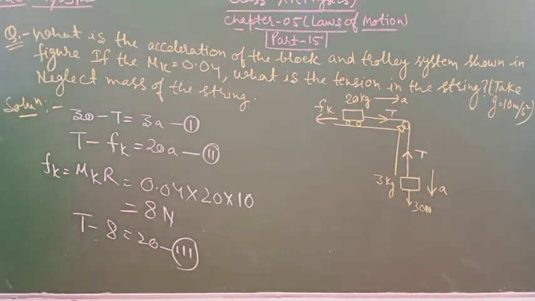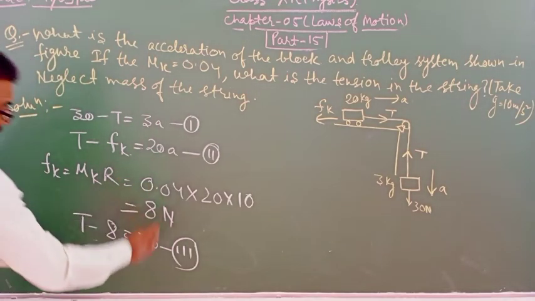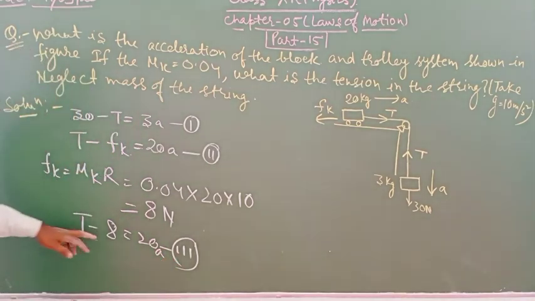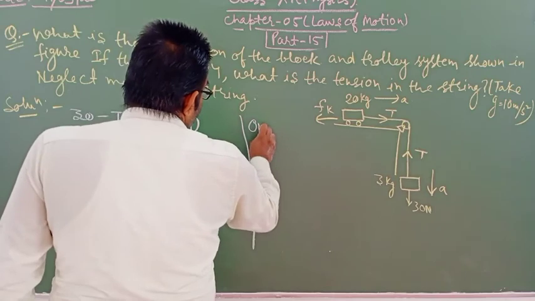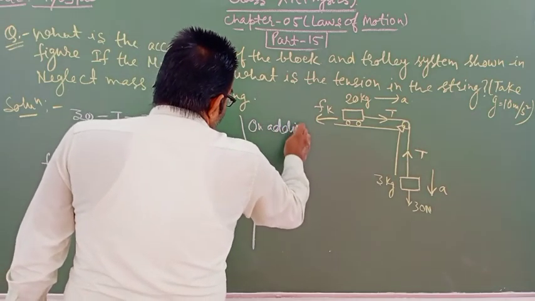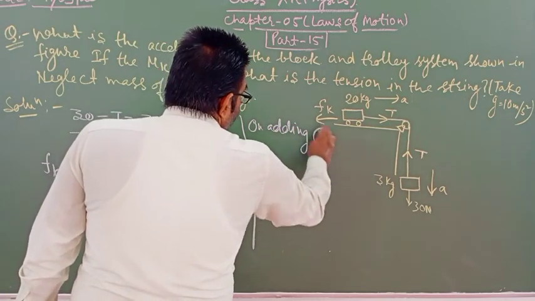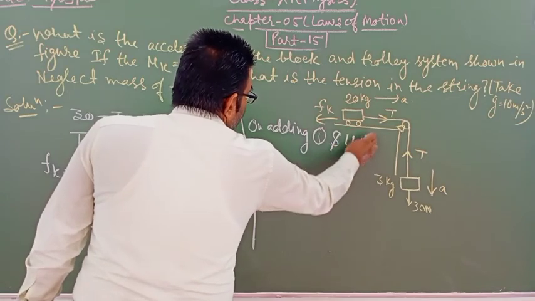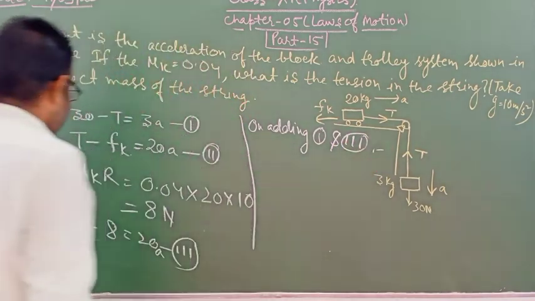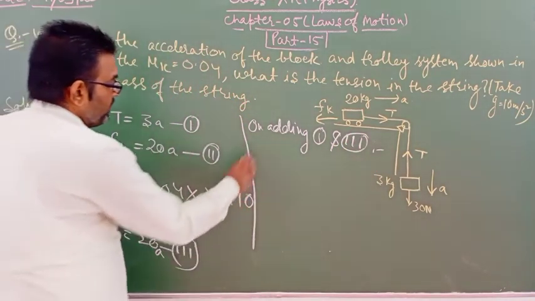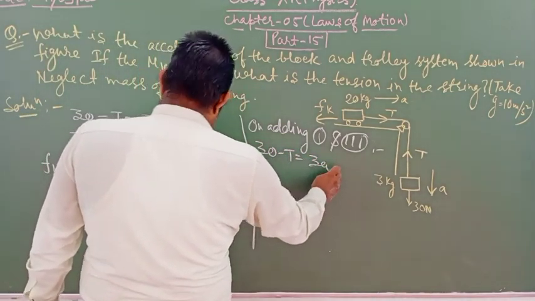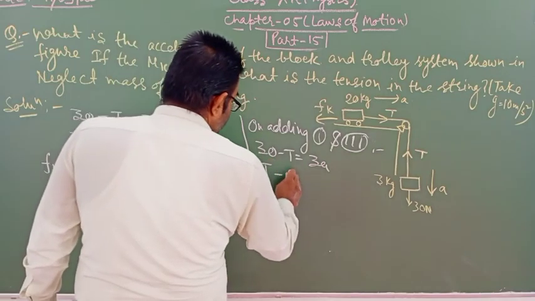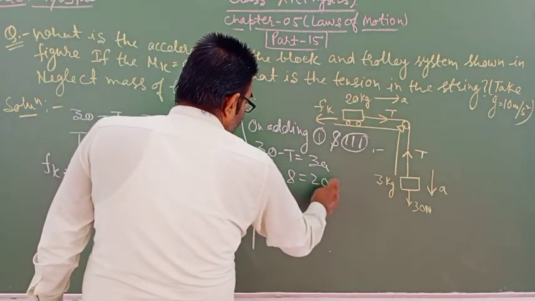Now if we add equations 3 and 1, look here: 30 minus T is equal to 3a and T minus 8 is equal to 20a.